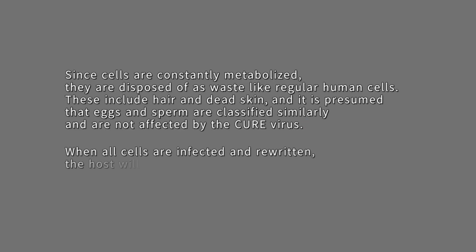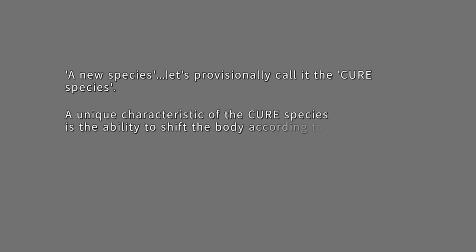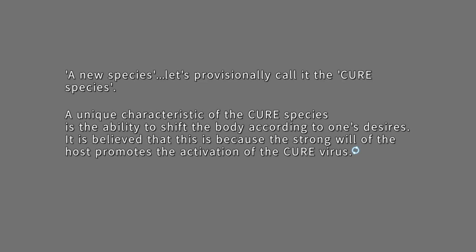Okay. When all cells are infected and rewritten, the host will be reborn into a new species. A new species. It was previously provisionally called the Curie species. A unique characteristic of the Curie species is the ability to shift the body according to one's desires. It is believed that this is because the strong will of the host promotes the activation of the Curie virus.